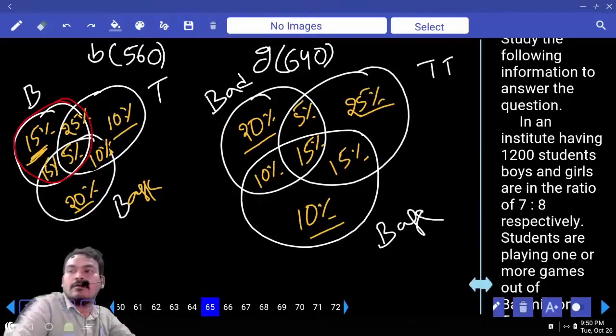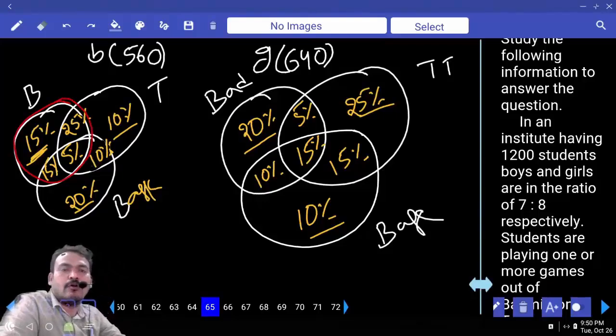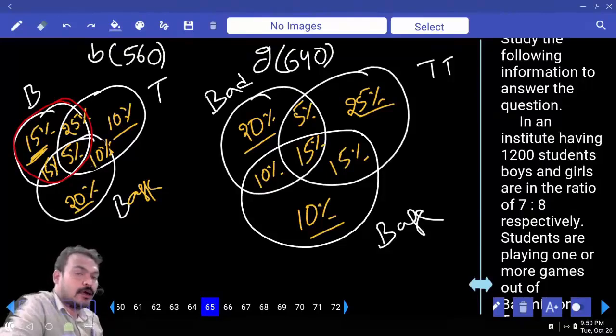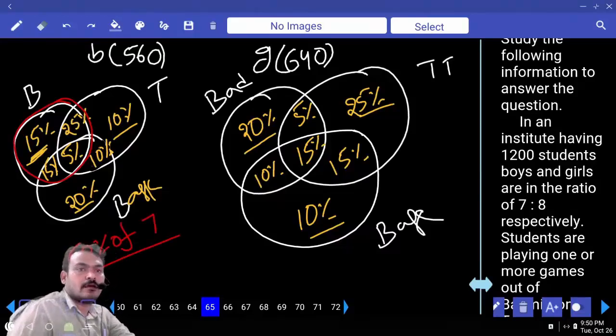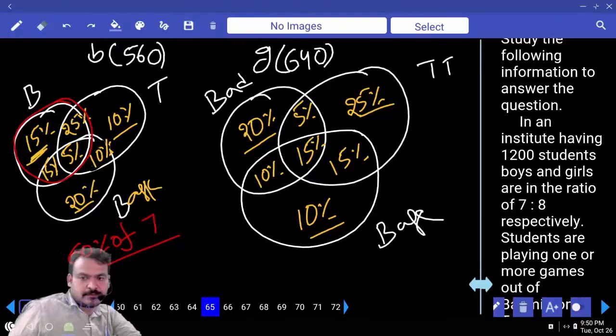How much percent overall? 15 plus 25, 40, 40 plus 20, 60. 60% of 560. 560 we wrote as 7 parts.